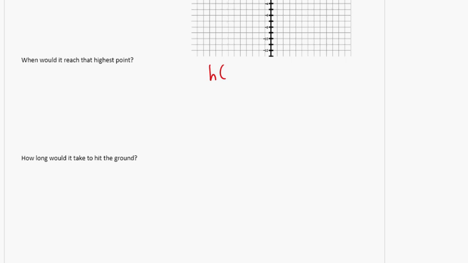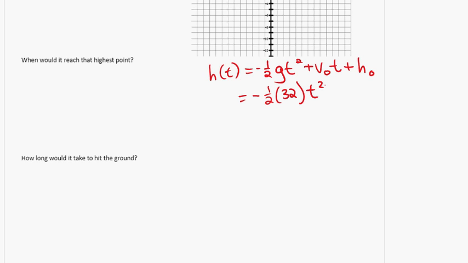So h of t is equal to -1/2 times gravity times time squared plus my initial velocity times time plus my initial height. Plugging in all the values I know, I get -1/2 times 32 feet per second squared times t squared plus, I was throwing it upward, 32 feet per second times time plus my initial height of 16 feet.